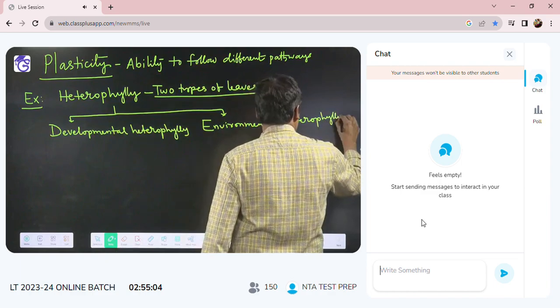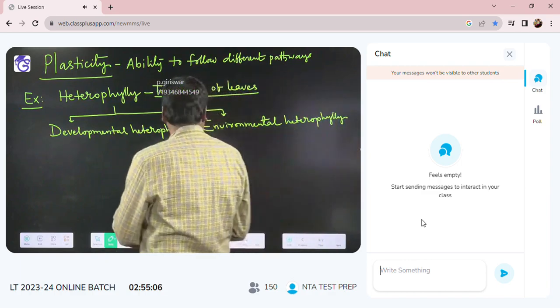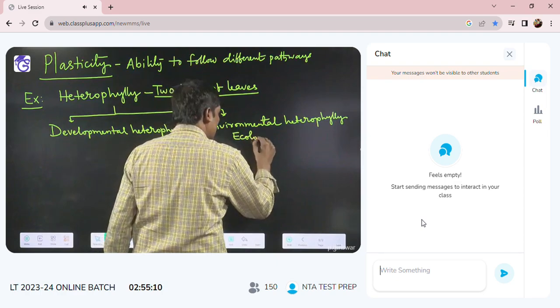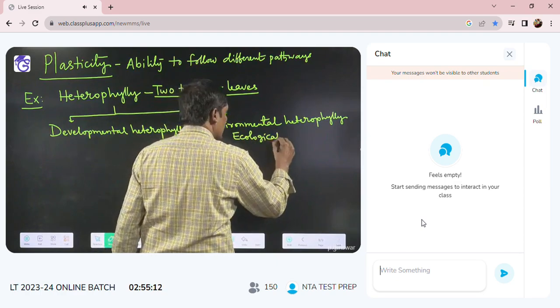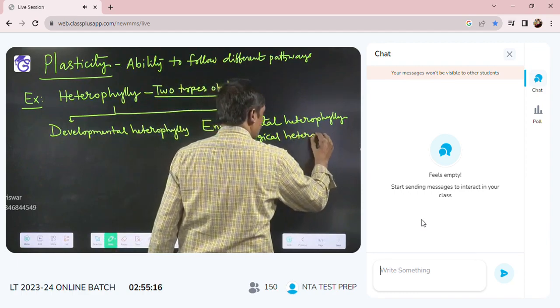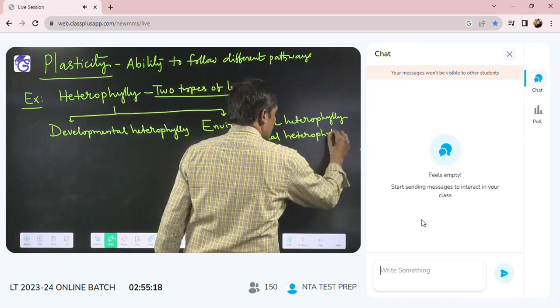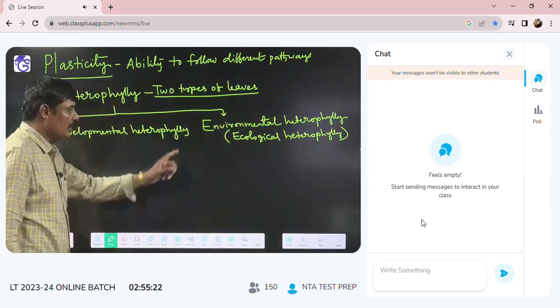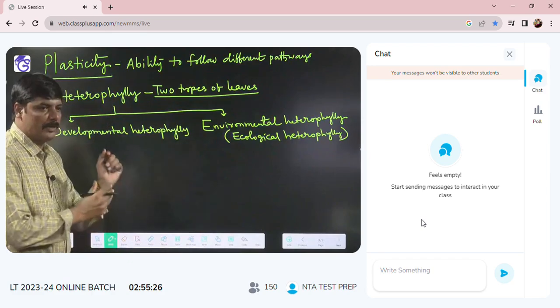Environmental heterophily is also called ecological heterophily. So heterophily has two types: developmental heterophily and environmental, or ecological, heterophily.